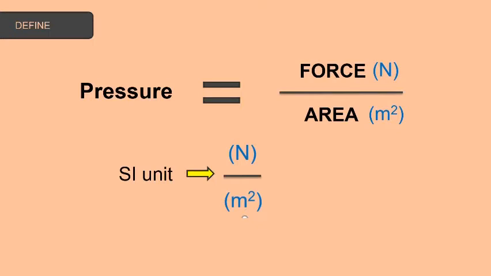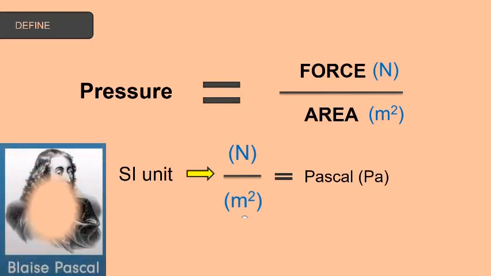It is also called Pascal, which is denoted by Pa. Why is it called Pascal? It is given this name to honor the achievements of the French scientist Blaise Pascal for his contribution in hydrostatics and hydrodynamics.